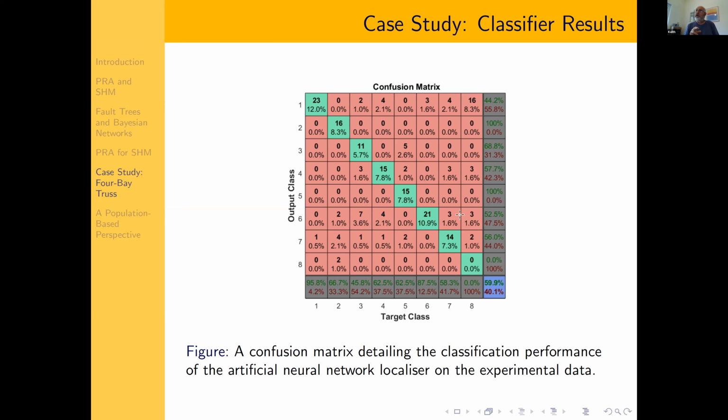We've deliberately not used a perfect classifier here because that wouldn't be interesting. So we've got a 60% accurate classifier. There's 8 possible states here, so random guessing would give you 12.5% right answers, but we're getting 60. So it's a good algorithm.